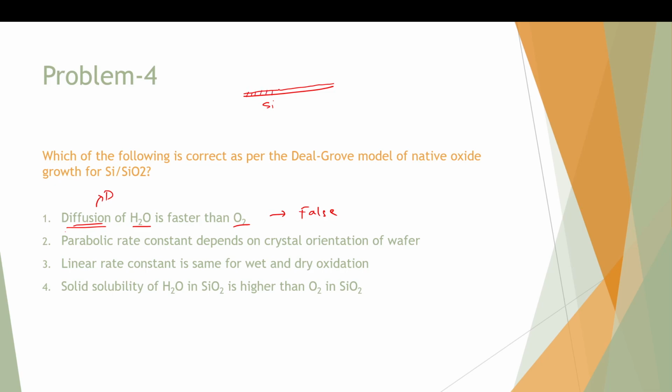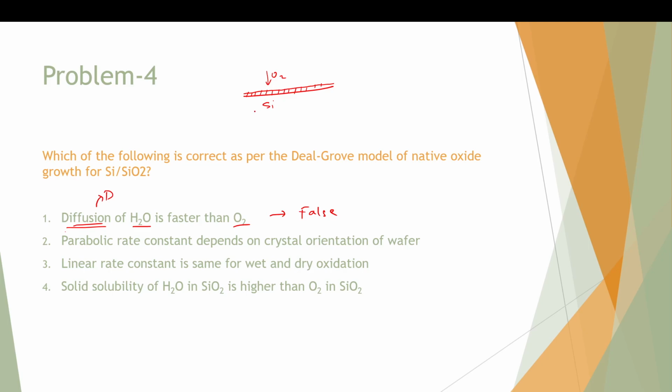In this phase, we are putting oxygen from the top, right? So diffusion of oxygen is not the problem. However, the reaction is limited by the rate of reaction at the surface.